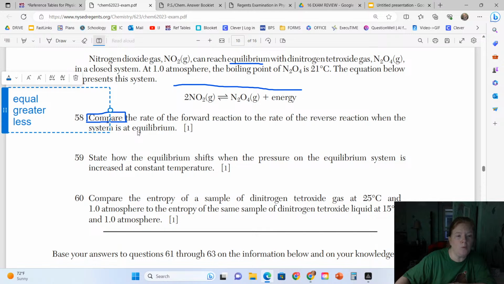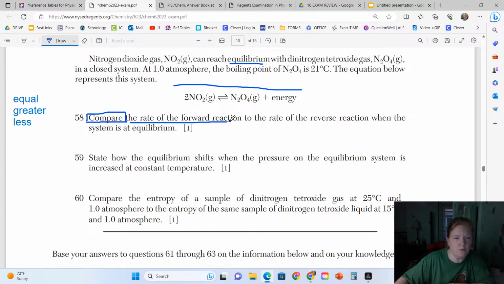Okay. So when it says here, compare the rate of the forward reaction to the rate of the reverse reaction when the system is at equilibrium, my only options are the rates are equal, the rate of the forward reaction is greater, the rate of the forward reaction is less. That's it.